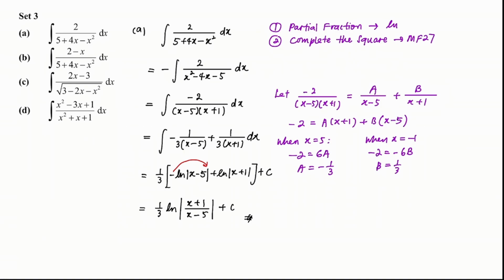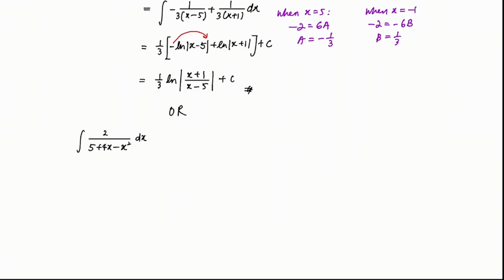Now let us compare. With the same question, let us see how we complete the square. I'm going to aim to complete the square for the denominator. If you follow your A math in secondary school, it will look something like this.